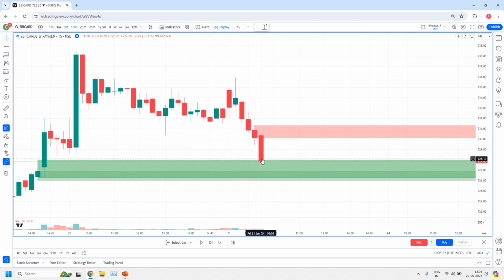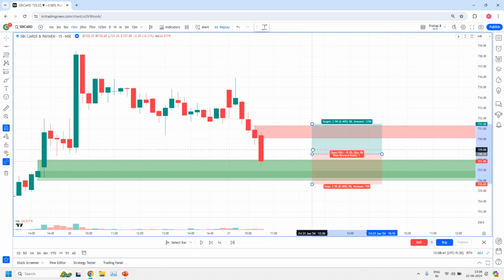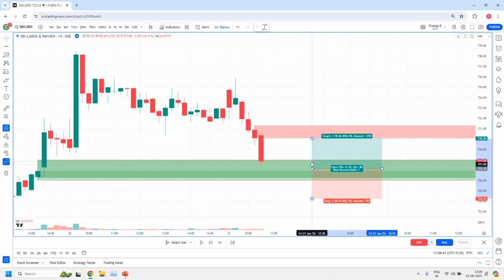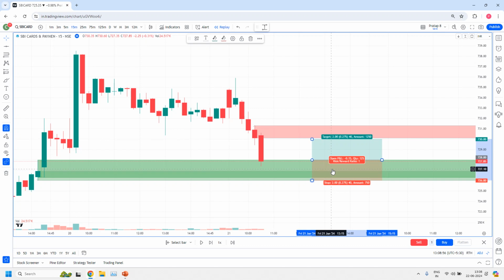When you take the higher wick of the zone, you won't be having the RR. Let me show you what is the RR now. So this will be your entry exactly at the wick, and this will be your stop loss, and you are getting only 1:1 RR.